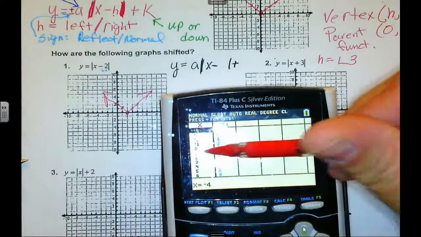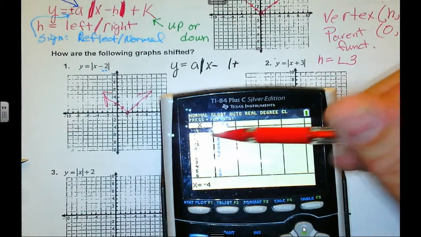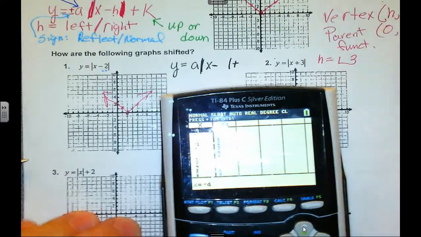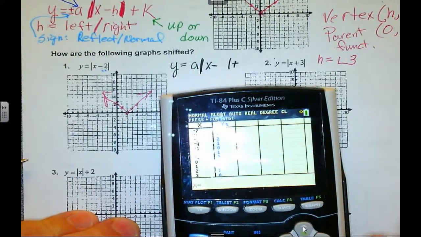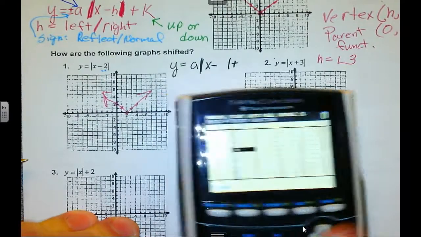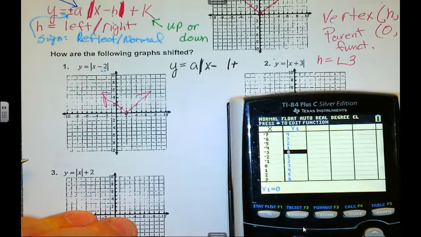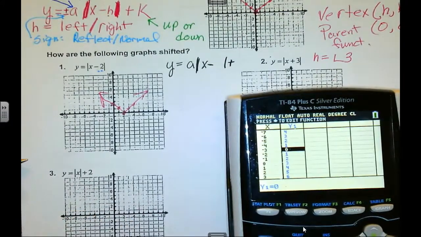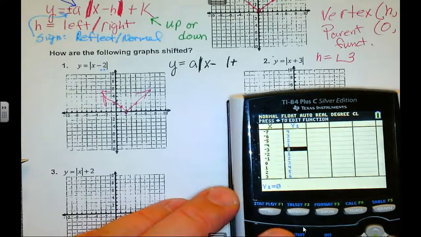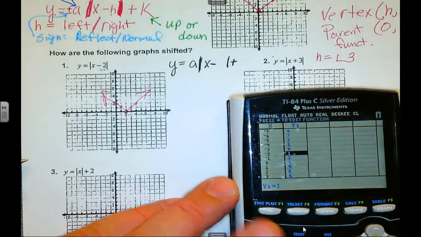Let's see, I've got negative 3, 0 is my vertex. Do you see my vertex on your calculator? X plus 3. Does everybody see my vertex on the calculator?